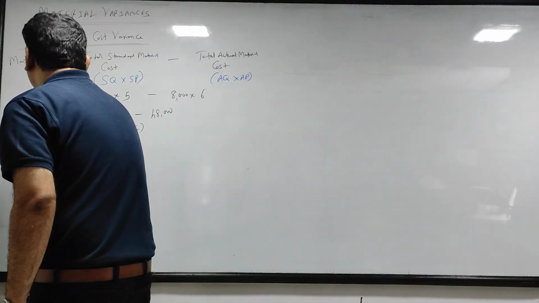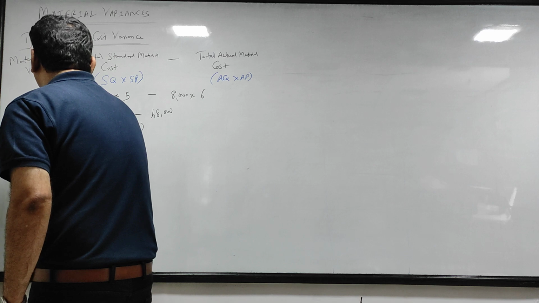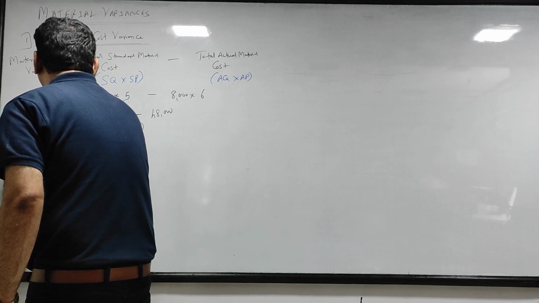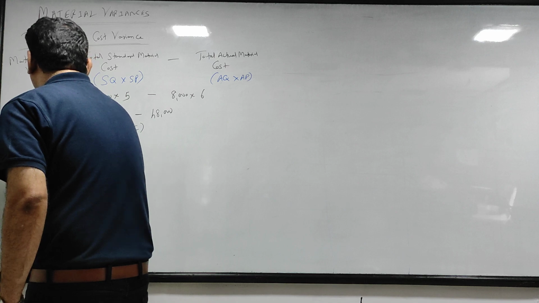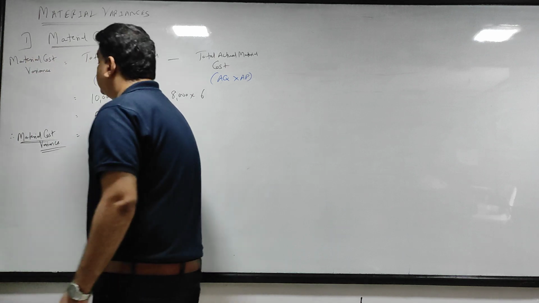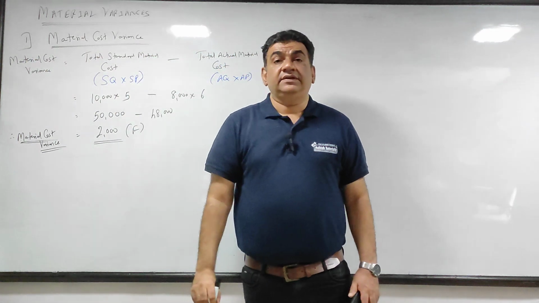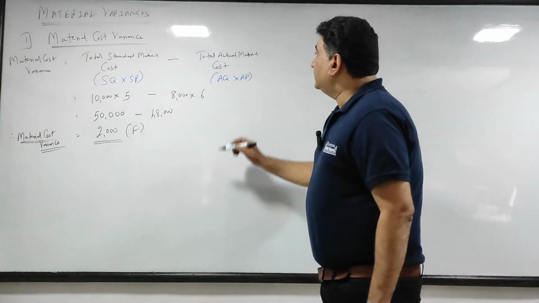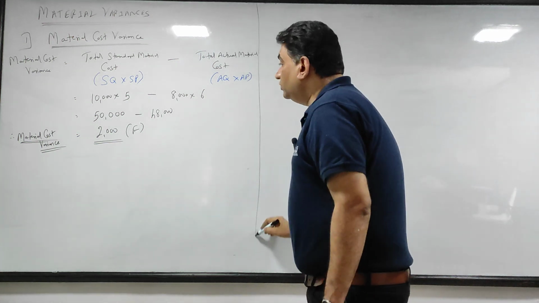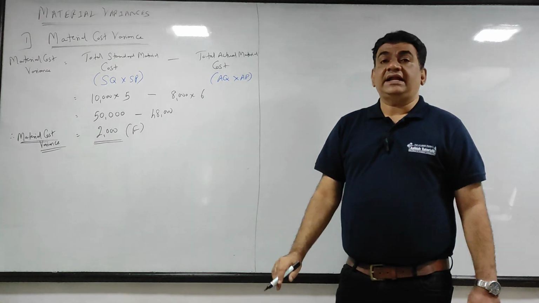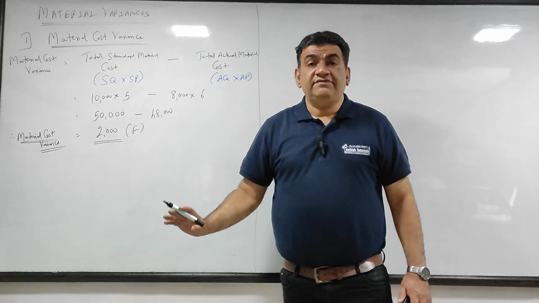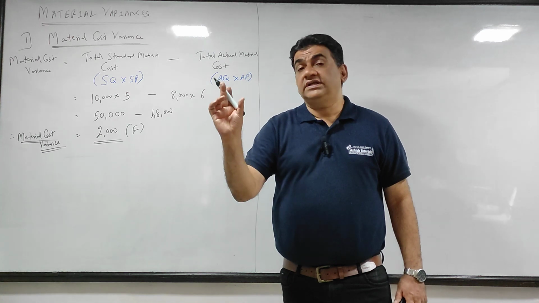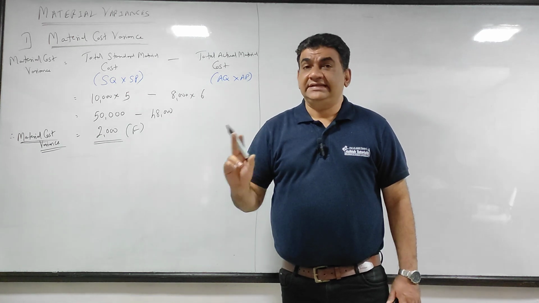Therefore, my material cost variance is 2,000 favorable. That means I saved 2,000 because of the total saving in cost.